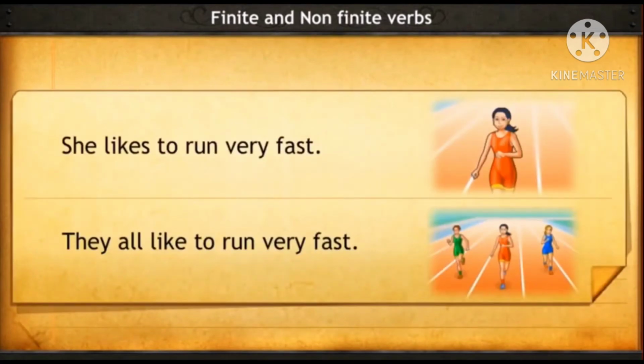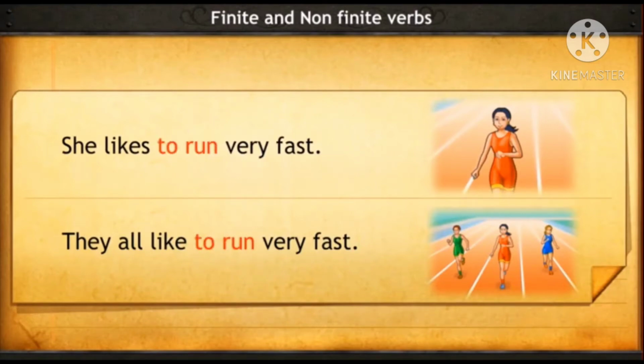Now consider these two sentences. She likes to run very fast. They all like to run very fast. In both the sentences, the verb is run and it is preceded by the word to.